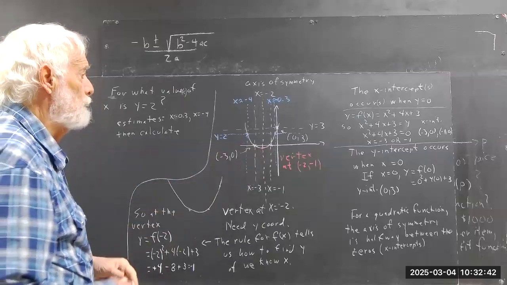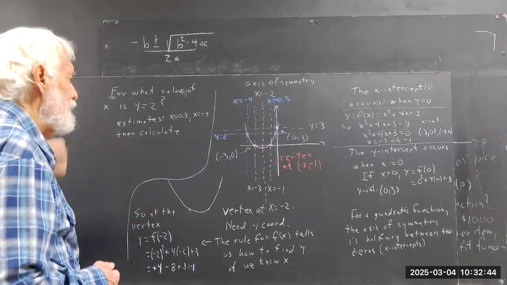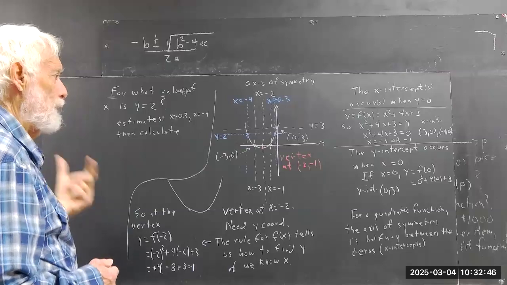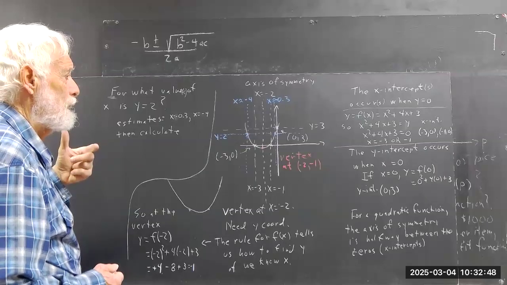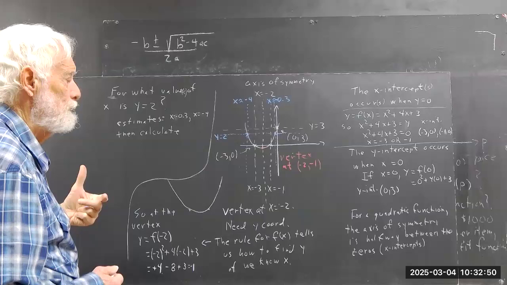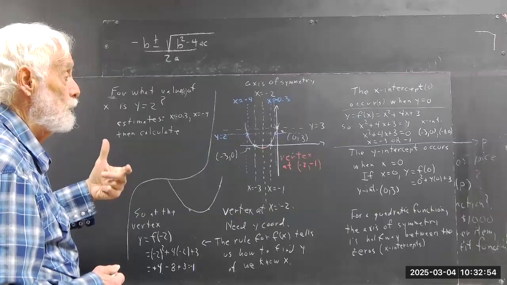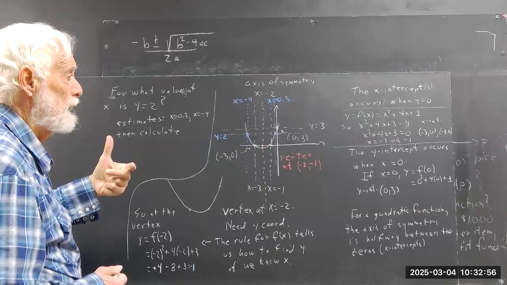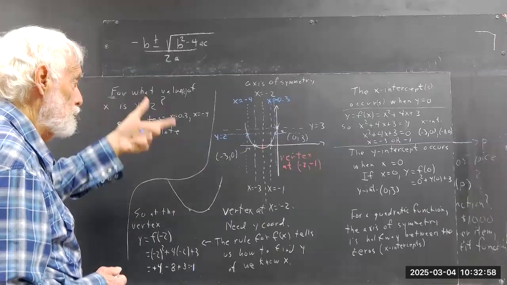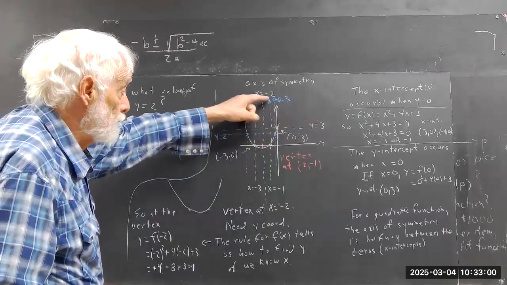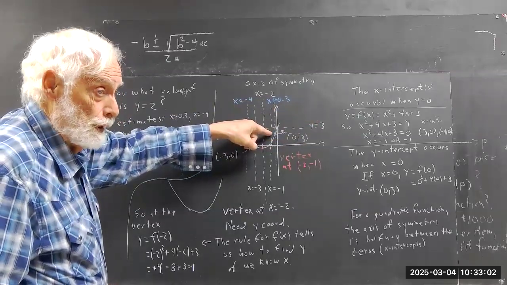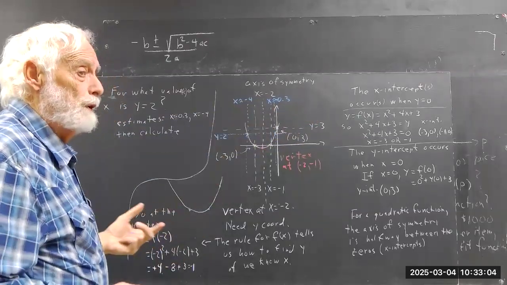If I put in negative 0.3, I get 0.09, 1.2, and then I get 1.9 or 2.1. I get something very close to 2 when I do this. Okay? So let's just see what they should be though.